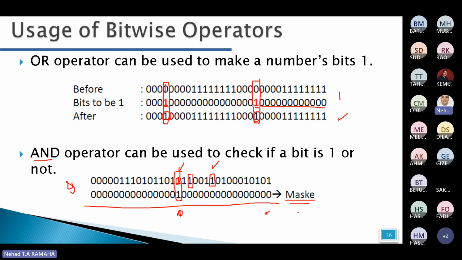So if the result of the AND with the mask is 0, you know that this digit is 0. If the result of the AND operator with the mask is all 0 except this digit 1, then you know that the original digit is 1. So we use it to check a specific digit, if it's 1 or 0, by making a mask that is all 0 except that digit, in front of which we put 1.